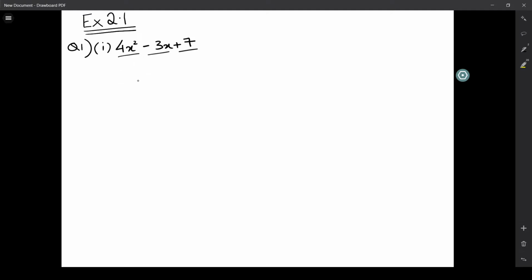All of them have variables where the first variable has a power of 2, the second one has a power of 1, and the third one, well, we could write 7 as 7 into x to the power 0. Recall that x to the power 0 is equal to 1.